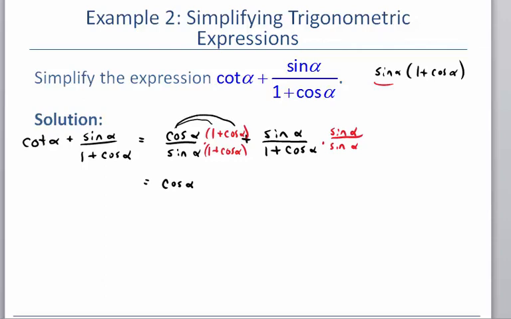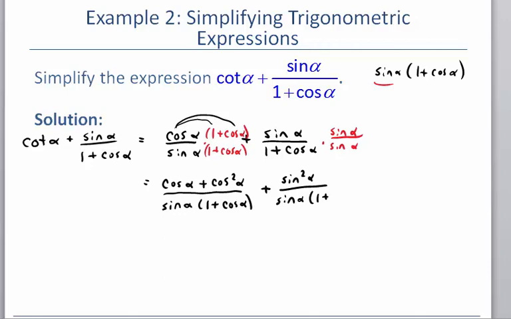Cosine times cosine will be plus cosine squared. In my denominator, I'm not going to distribute. I can do it later if I decide I want to, but right now I'm just going to leave it like it is. My second fraction will be a sine times a sine, so that will be a sine squared. And then I'm going to write the same denominator, sine times 1 plus cosine alpha.